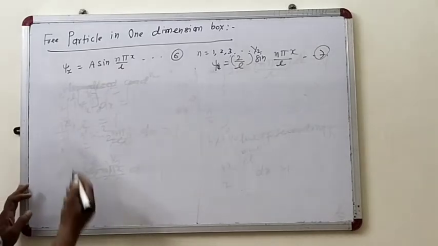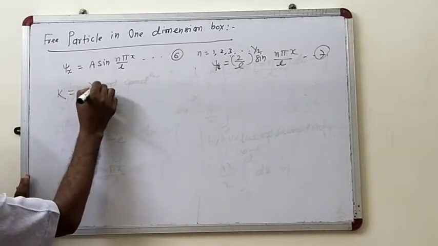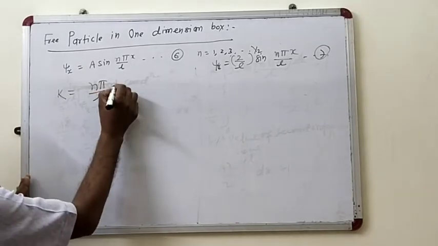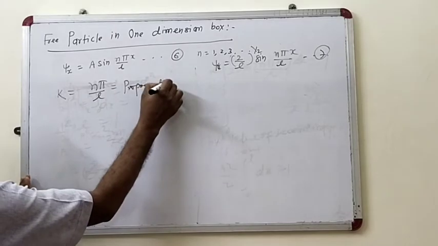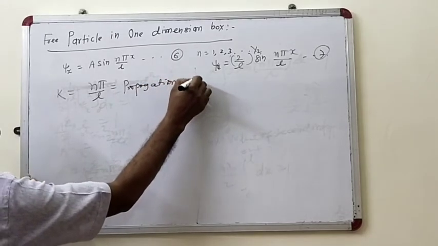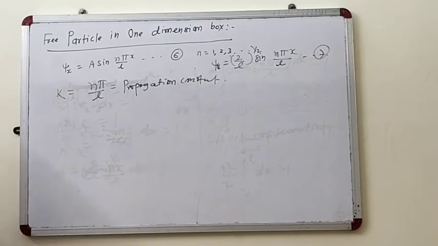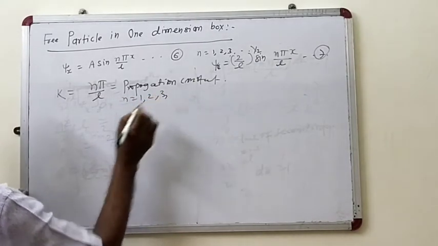Here the value of k is nothing but n pi by L. This is the propagation constant, where n is 1, 2, 3, and so on.